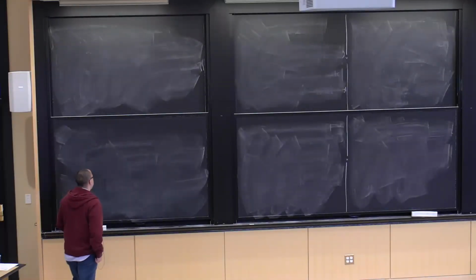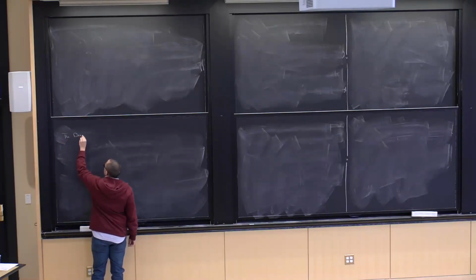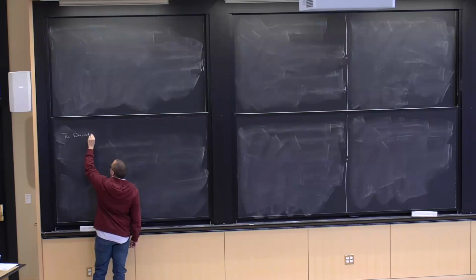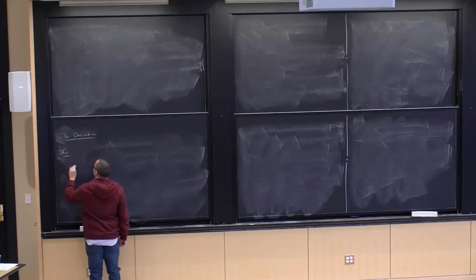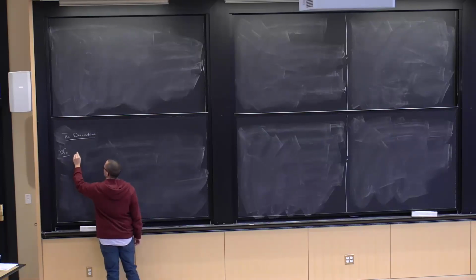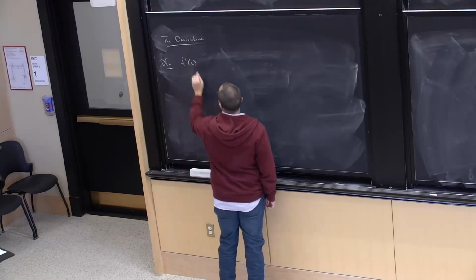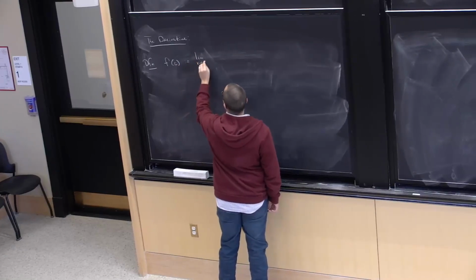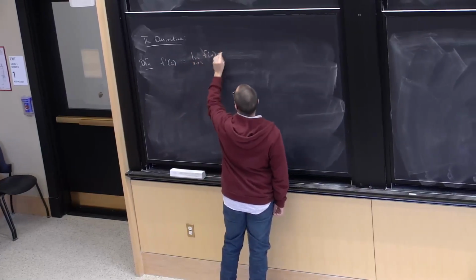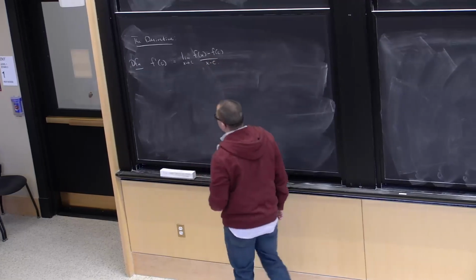So let's continue with our discussion of the derivative. Let me recall that the derivative of a function, if it exists, which we denote by f prime of c, is the limit as x goes to c of f of x minus f of c over x minus c.